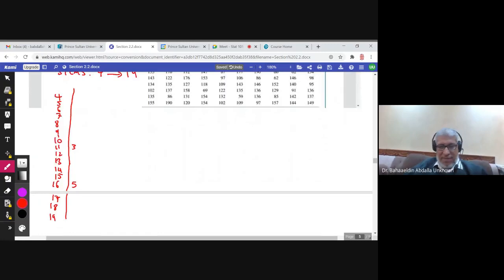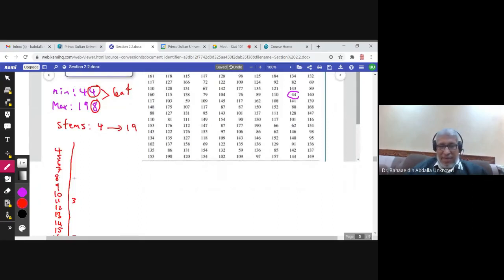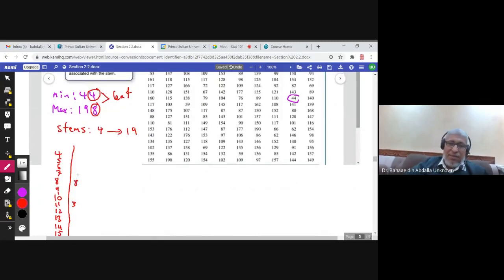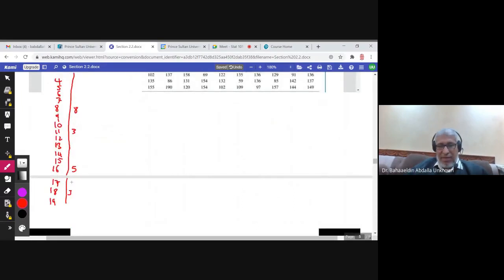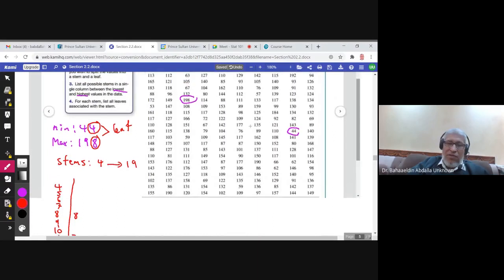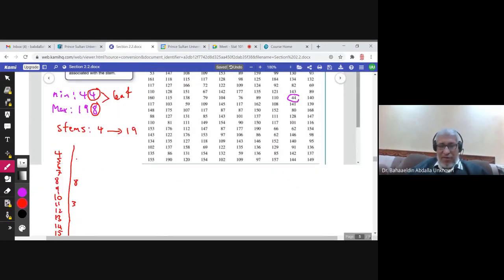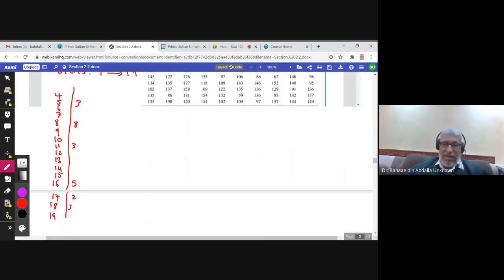So the stem is 18 and you put the leaf here. 88. Stem is 8 and leaf is 8. 172. Stem 17 and leaf is 2. 53. Stem is 5 and leaf is 3. 161. 16 and 1. So now there is another number to put. And you continue like this.